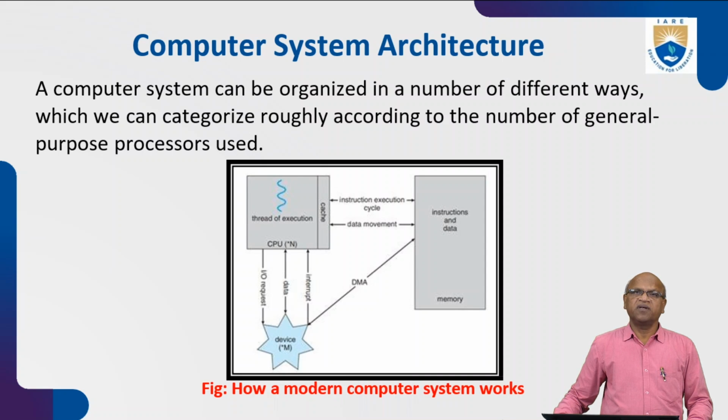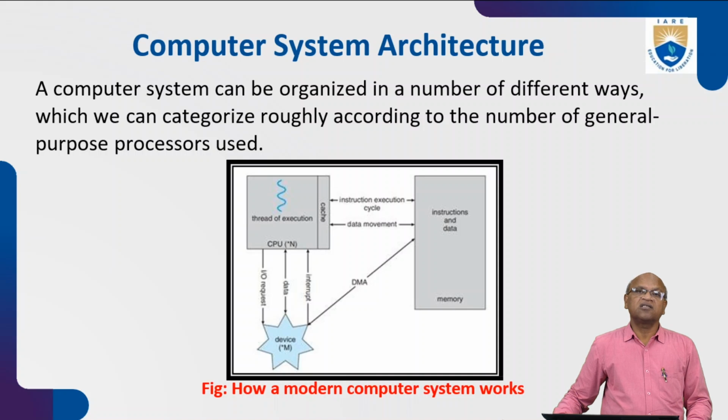A computer system can be organized in a number of different ways, which we can categorize roughly according to the number of general purpose processors used. Sometimes in some systems, for mathematics, we have another processor.